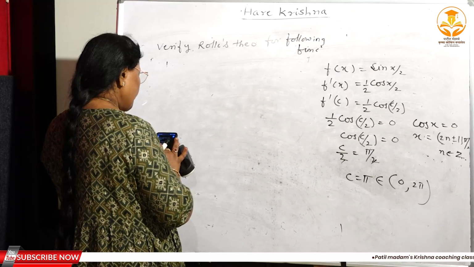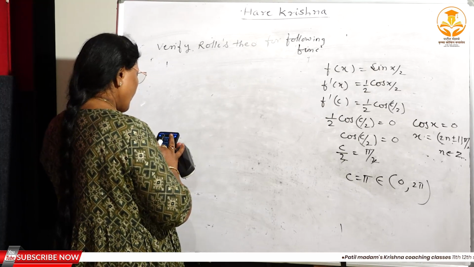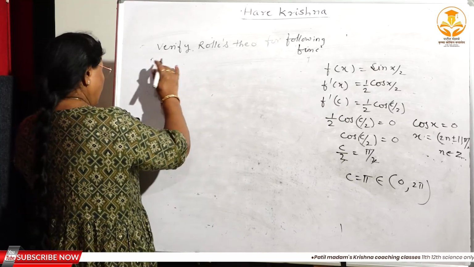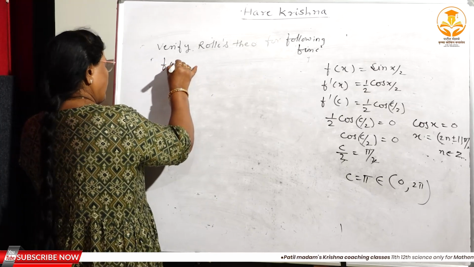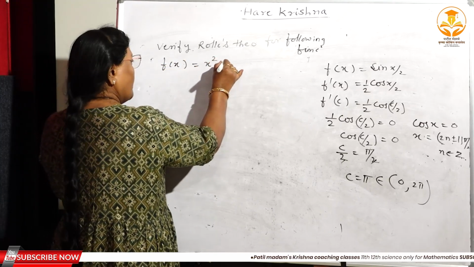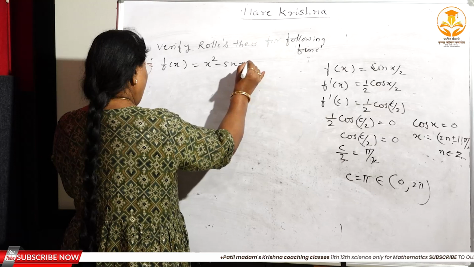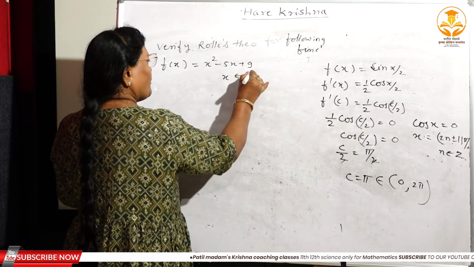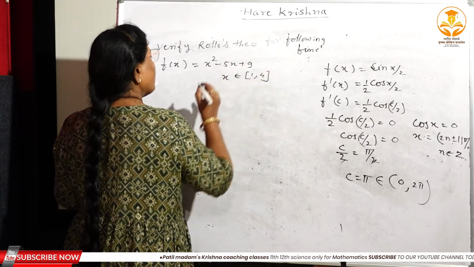Now here again, the third one, verification. f of x is equal to x square minus 5x plus 9, where x belongs to the interval 1 comma 4, isn't it?